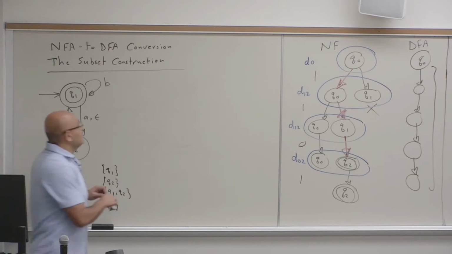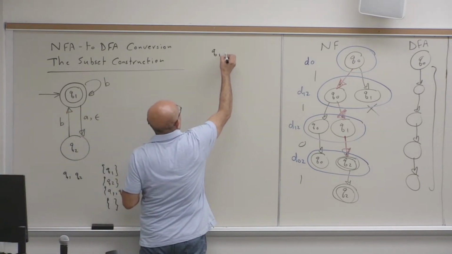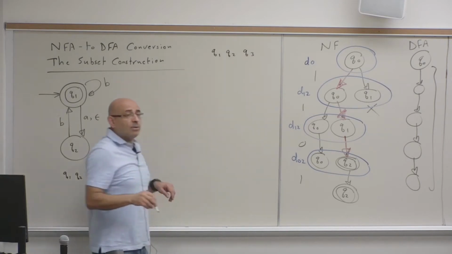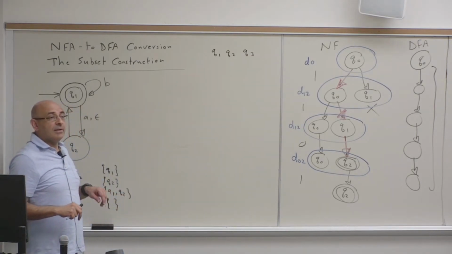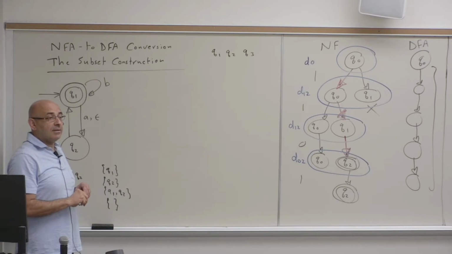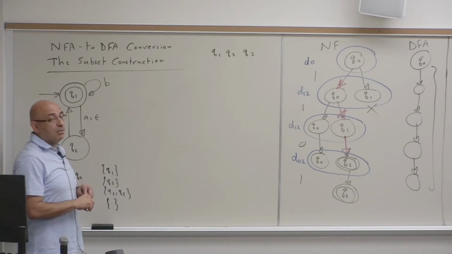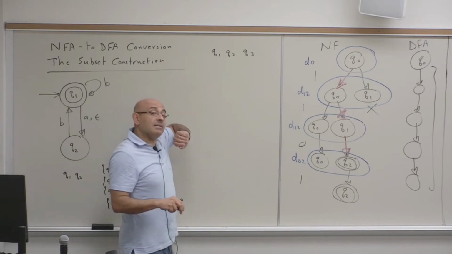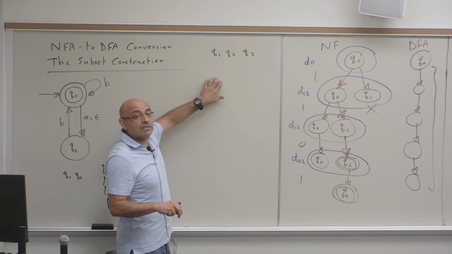Now what if we have 3 states, Q1, Q2, Q3? How many subsets do we have? What's the mathematical relation between the number of elements in a set and the size of the power set of that set?